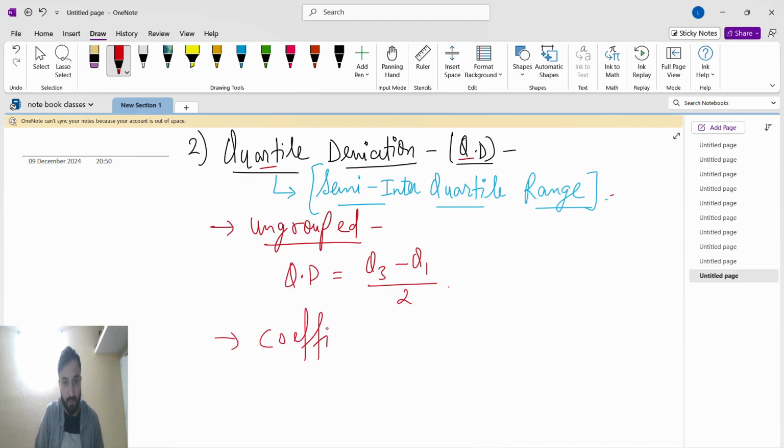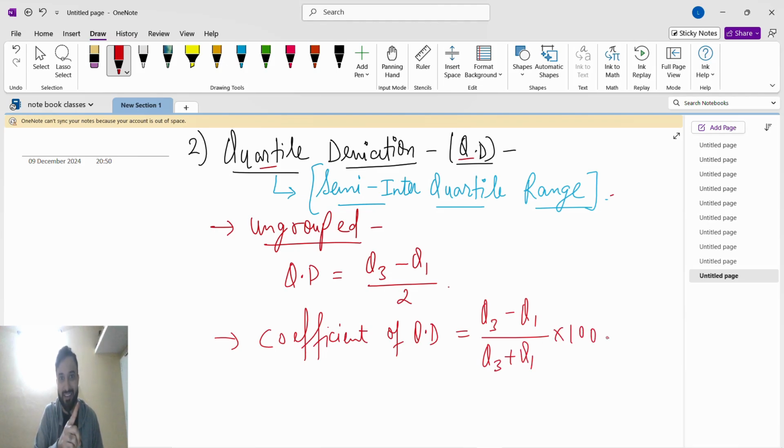Then the coefficient of quartile deviation. Very simple formula: Q3 minus Q1, third quartile minus first quartile, divided by Q3 plus Q1, third quartile plus first quartile, into 100.